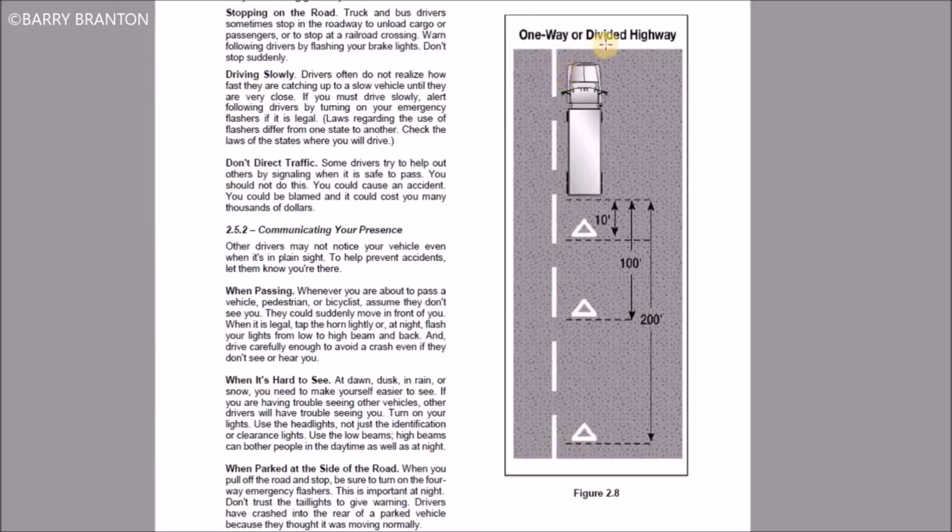And the reason why you don't have any reflectors in the front of the truck on a one-way or divided highway is you don't have traffic across your line here that's heading in the opposite direction. So traffic is all going in the same direction that you are going in.